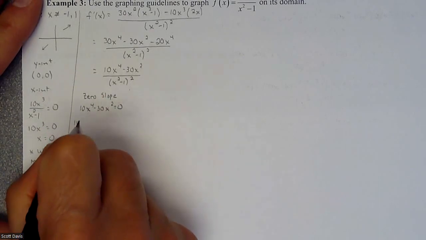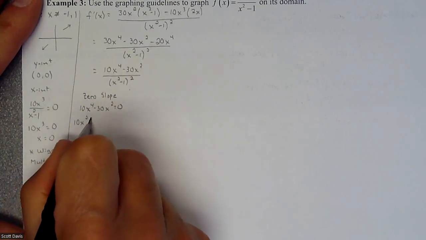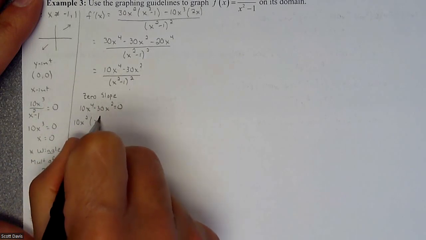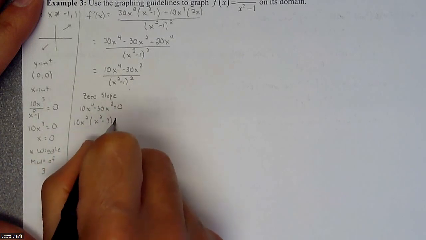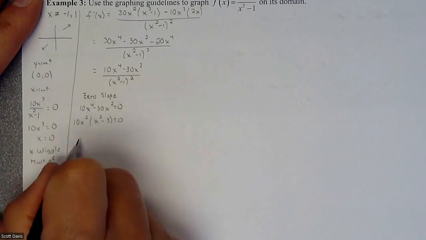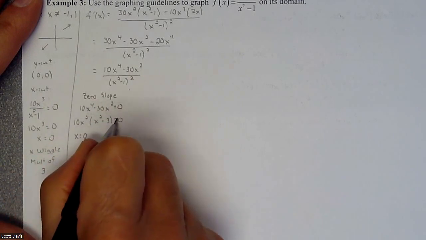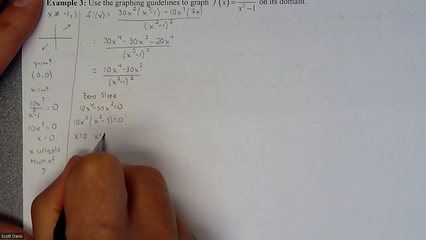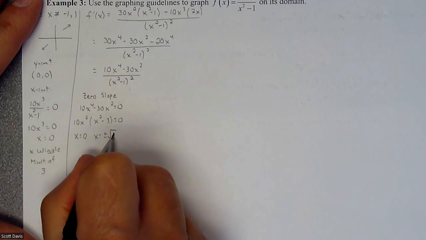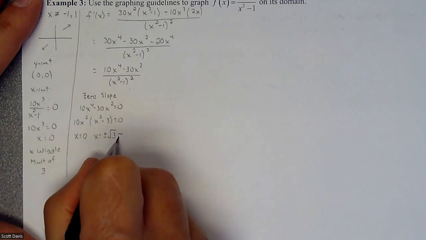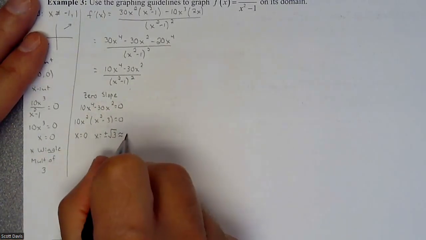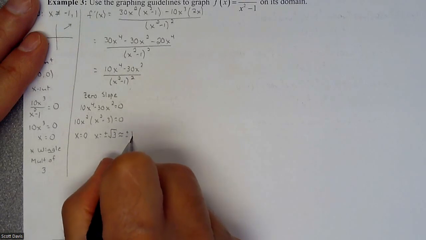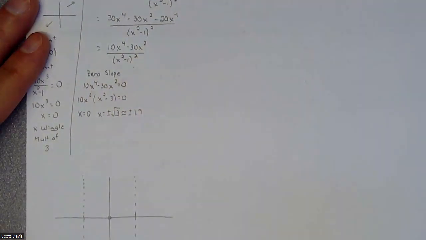We'll factor out a 10x squared, which will leave us with x squared minus 3 equaling 0. We set that equal to 0, we'll get a 0. And if we add 3 and square root, we'll get plus or minus square root of 3, which if you plug in, is going to be plus or minus 1.7.